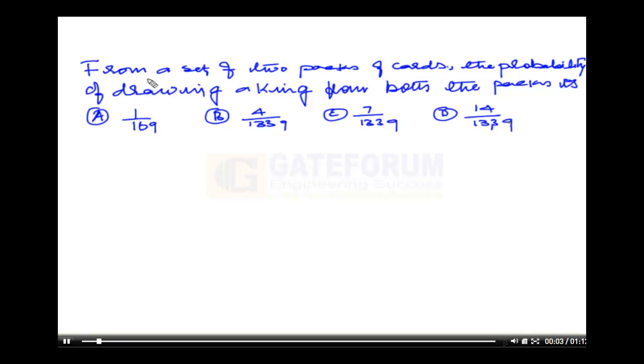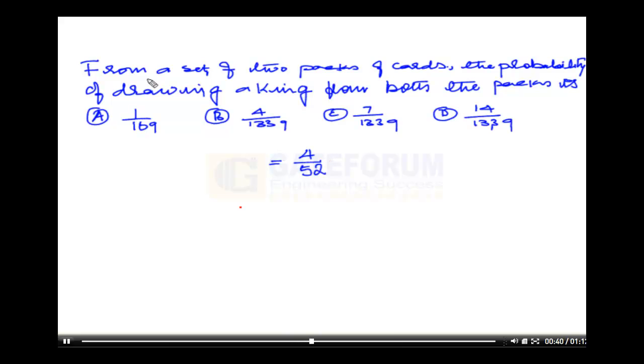In the above question, we have to find the probability of drawing a king from both the packs. First, each pack contains 52 cards, in which we have 4 kings from 4 suits. A suit means a set which contains 13 cards. So totally 4 suits, each one has 1 king. Therefore 4 kings are contained in 1 pack of cards. Therefore the probability of drawing a king from the first pack is 4 by 52.